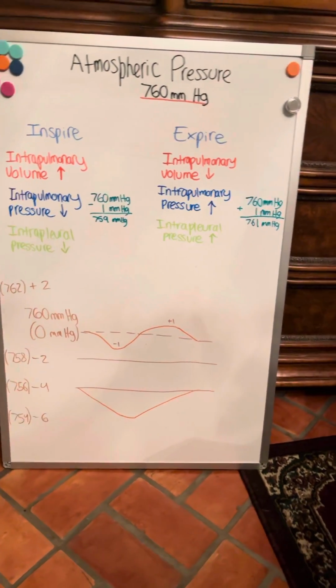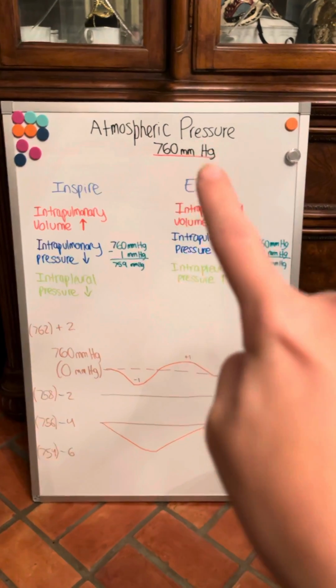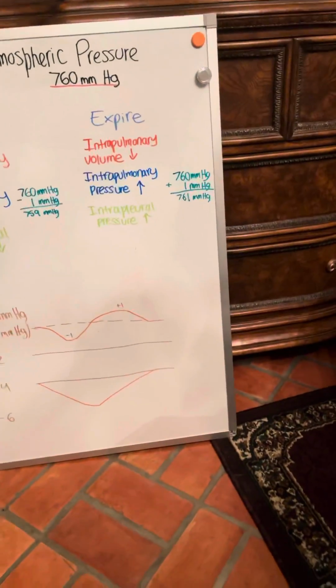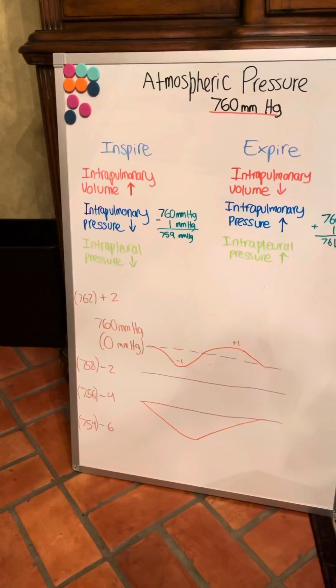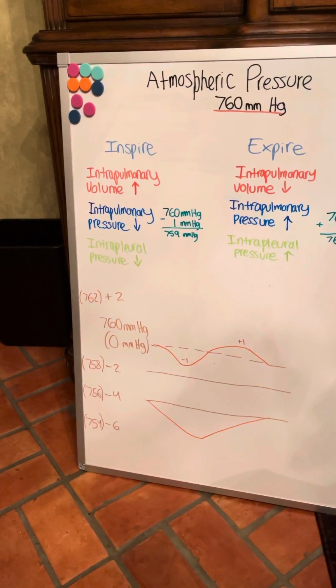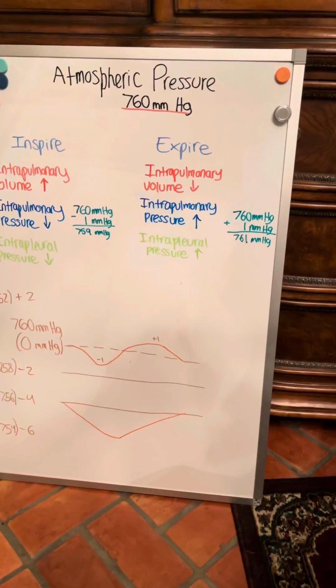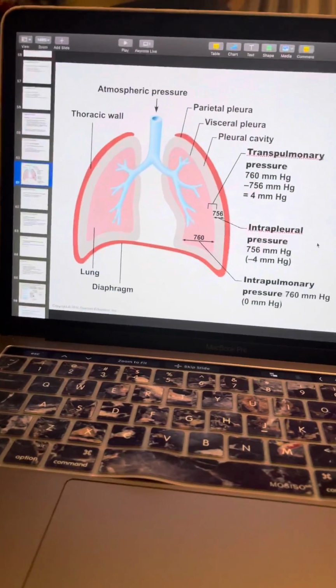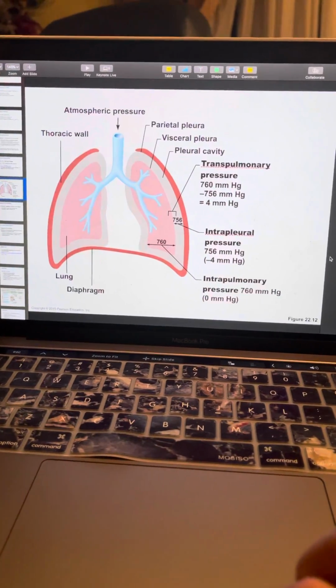And so pretty much this whole concept is in relation to the atmospheric pressure. So our next terms, we're going to talk about intrapulmonary volume, intrapulmonary pressure, intrapleural pressure, and transpulmonary pressure. While I was saying that, I brought up this picture from our slides, slide number 61, if you would like to follow along on your own slides.